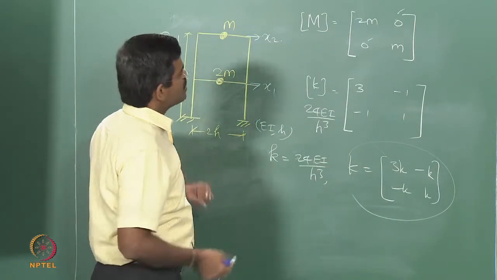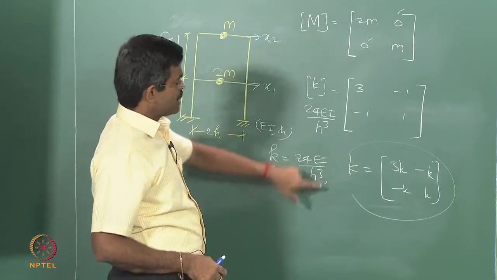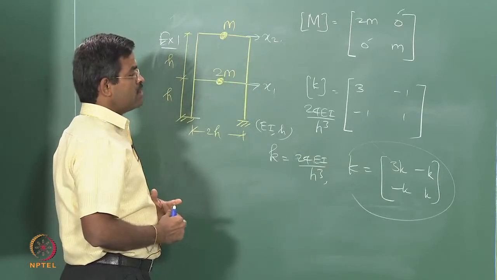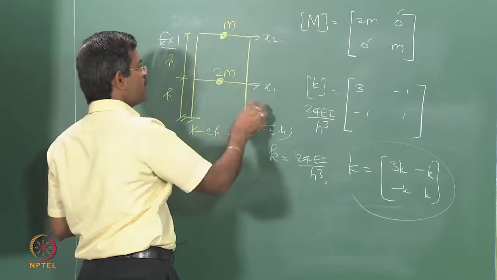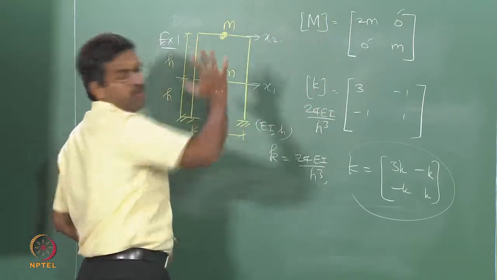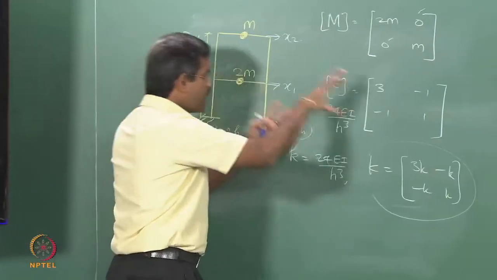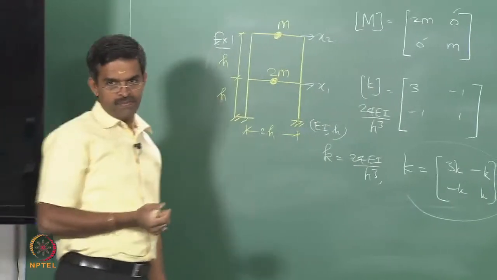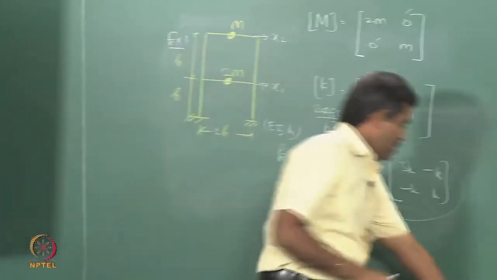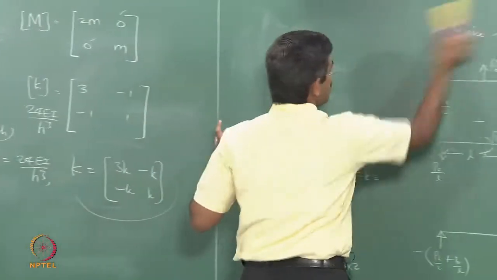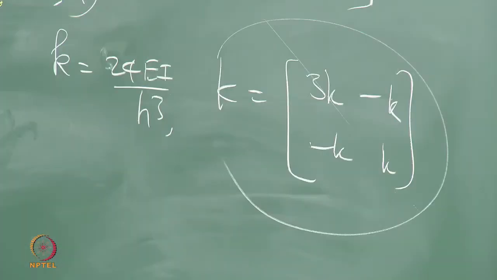Now, I have the equation of motion, which is m x double dot plus k x equals 0, because there is no force applied to the system. Then one may ask a question, if there is no force, why displacement? We can also talk about free vibration. We also know that even when force is not applied, there can be a displacement and the system will vibrate. So, I want to know the frequency or frequencies of vibration of the system.